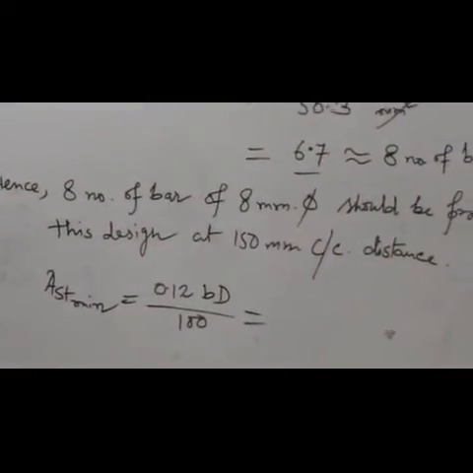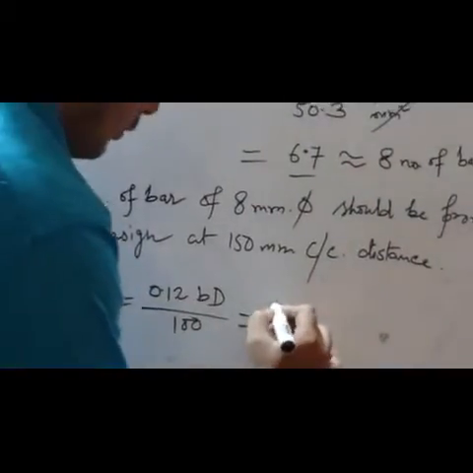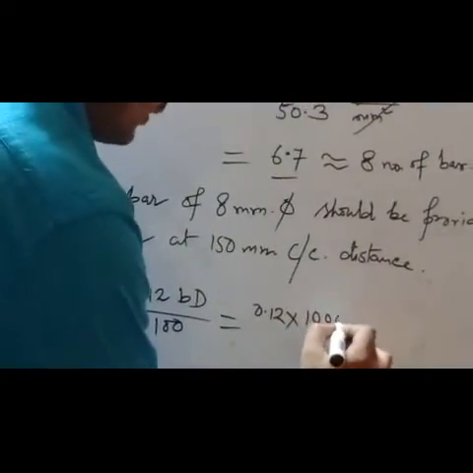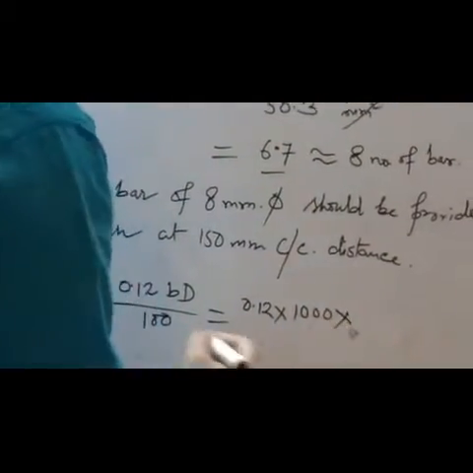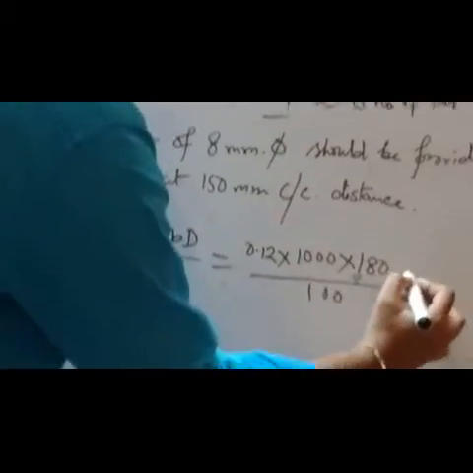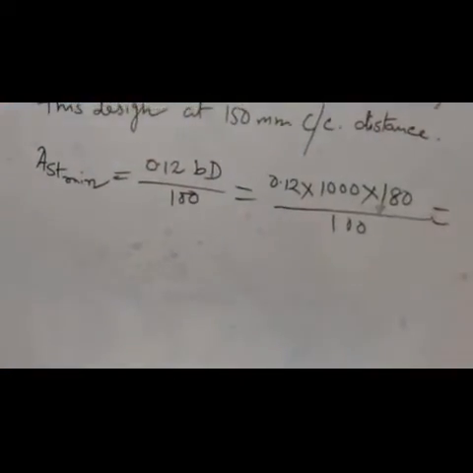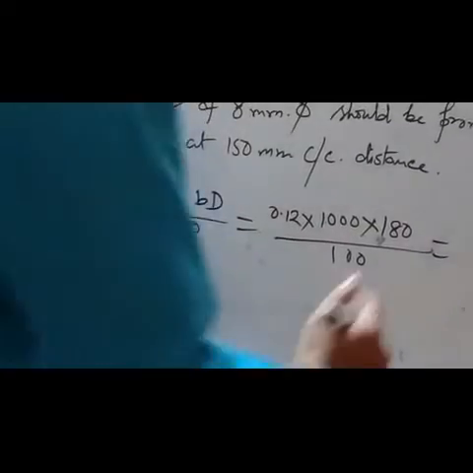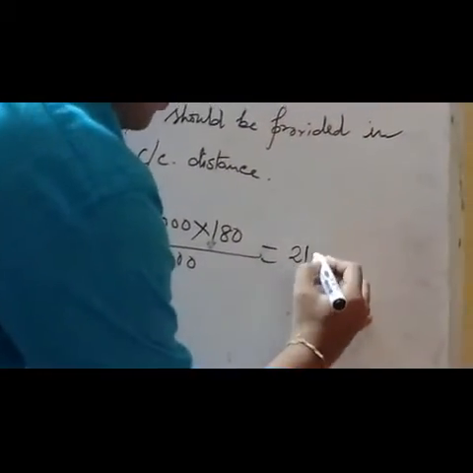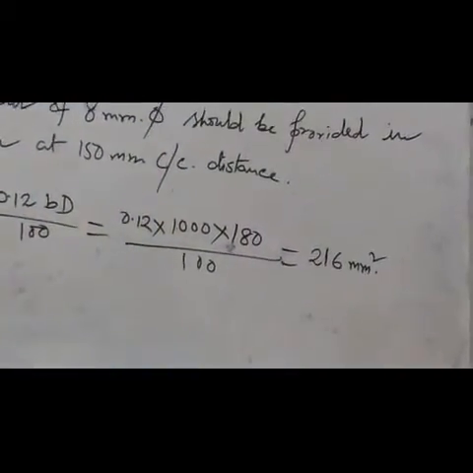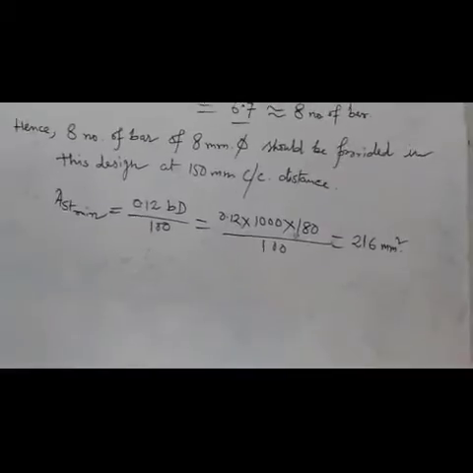Then if we put the values, 0.12 into b, per meter length, that means 1000, into D, which we have already calculated, 180 by 100. If we calculate this value by calculator, we will get 216 millimeter square.